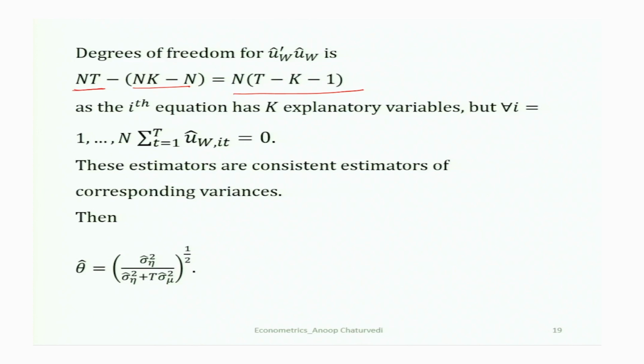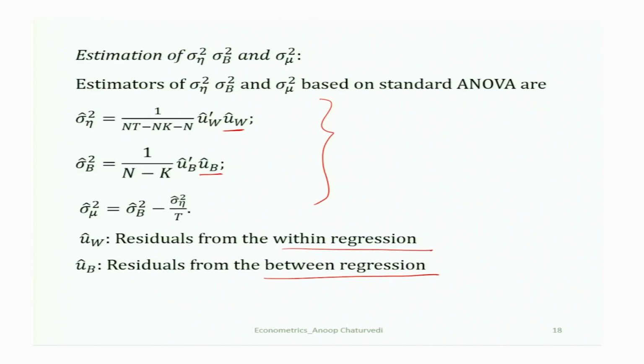In fact, you can obtain the degree of freedom corresponding to this between estimator also. Since you are running regression between individual specific means, in all you have capital N individual specific means and then you have capital K explanatory variables.